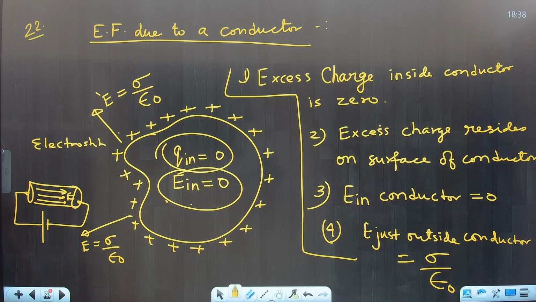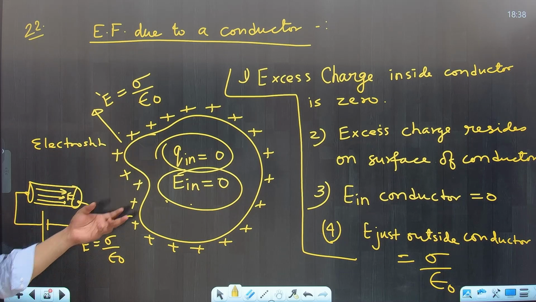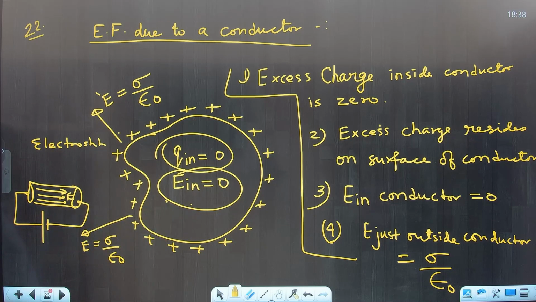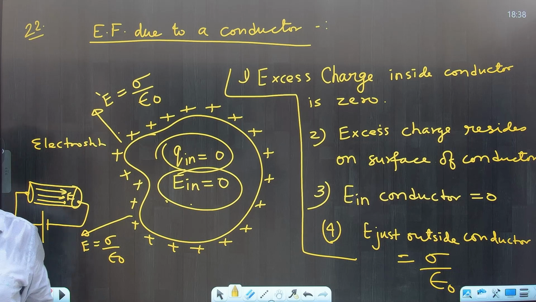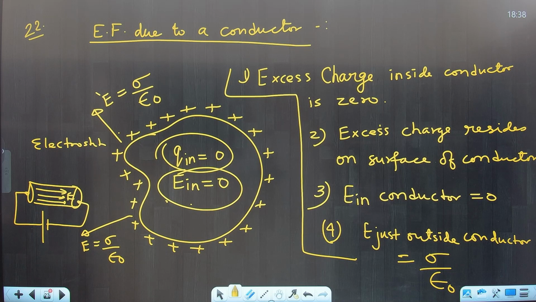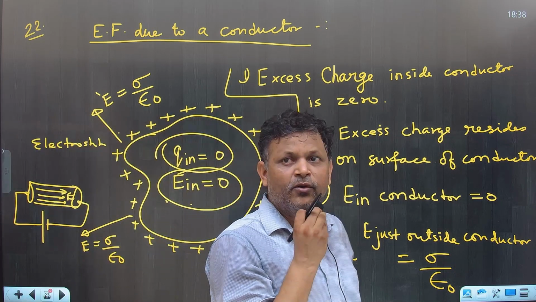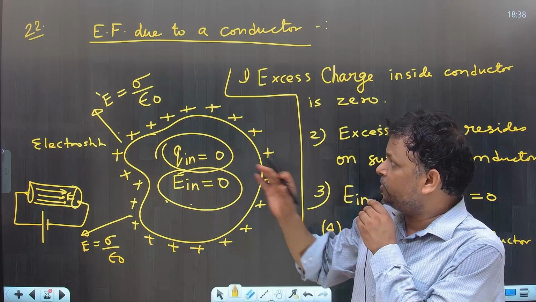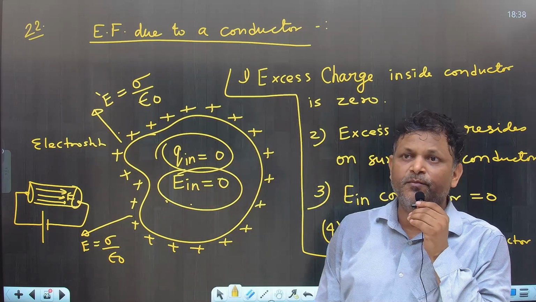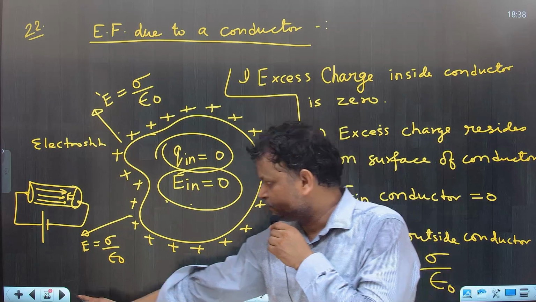So there is electric field inside a conductor in current electricity, but in electrostatics, there is no electric field inside a conductor. So there is no excess charge inside the conductor, excess charge appears at the surface of the conductor, the electric field inside the conductor is 0, and the electric field just outside the conductor is sigma by epsilon 0. Okay.